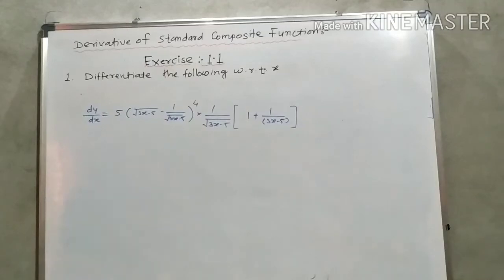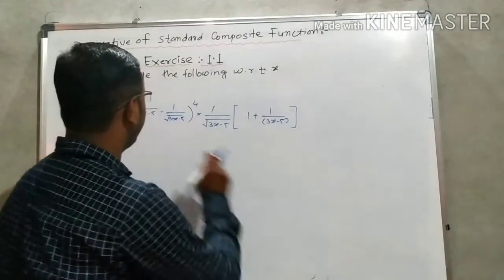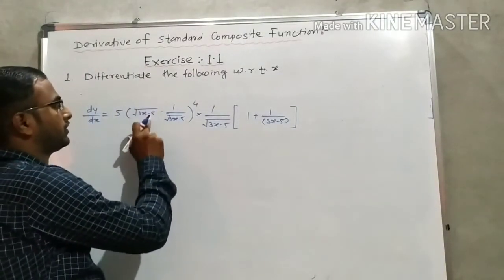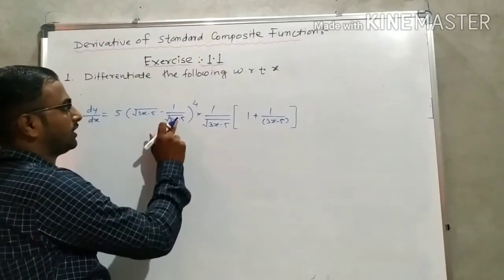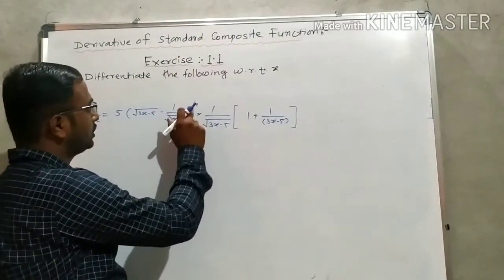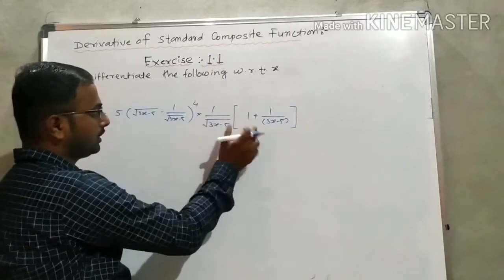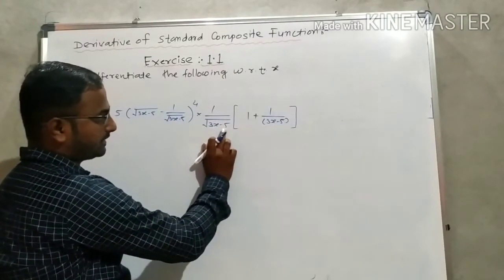So that is dy by dx equals 5 into square root of 3x minus 5 minus 1 upon square root of 3x minus 5, the bracket to the power 4, into 1 upon square root of 3x minus 5.